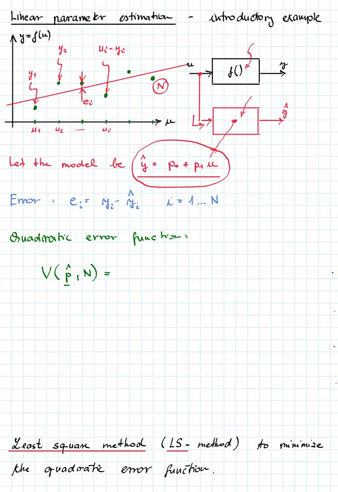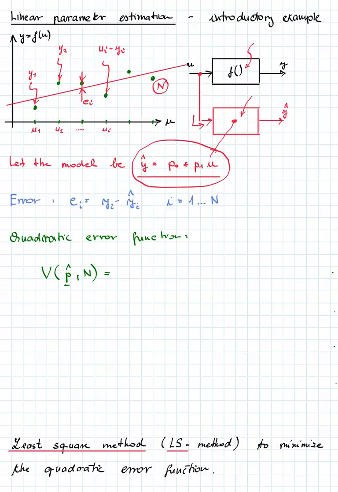But this error can be positive or negative, so it's very useful to take the square of this error value, because in this case the error will always be positive and we can find the minimum of it. That's why we are going to define the so-called quadratic error function, and it's a much cleverer way than using the individual error e index i.